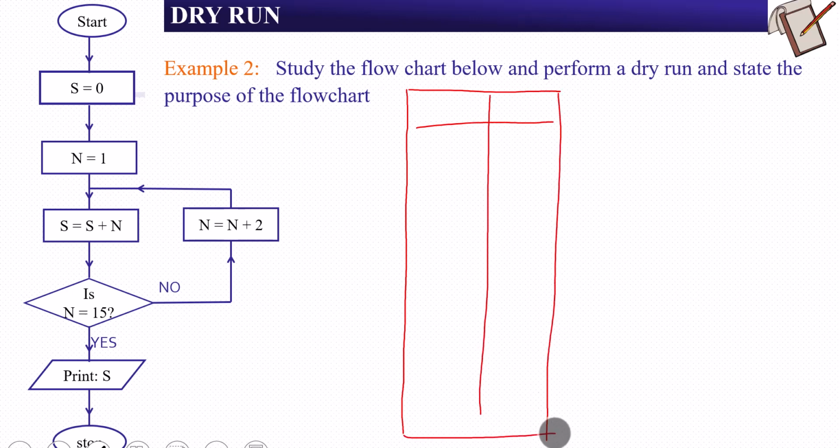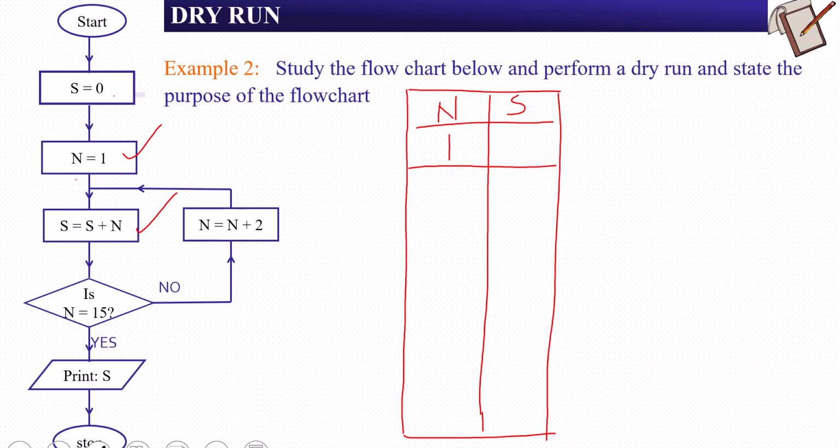This is our table, and you will realize that for assignment, we are assigning n first, then we assign s. So n will be the first in the table and s will be the last. Then our initial value of n is 1, and then our next value of s will be s plus n.